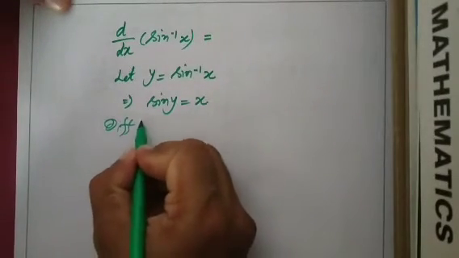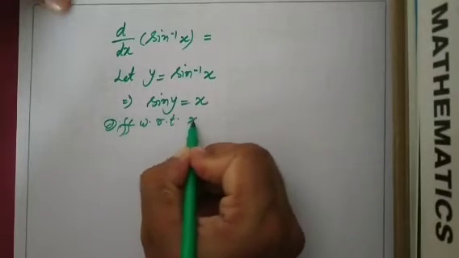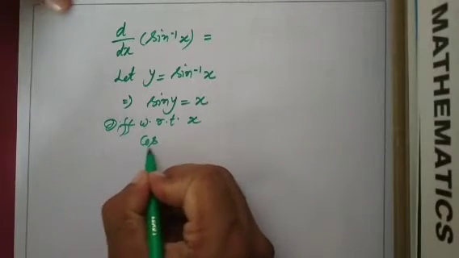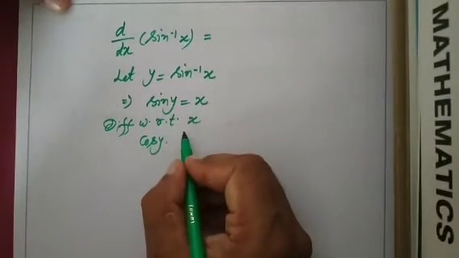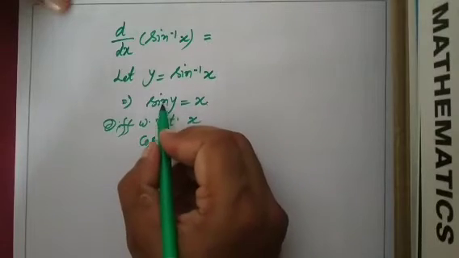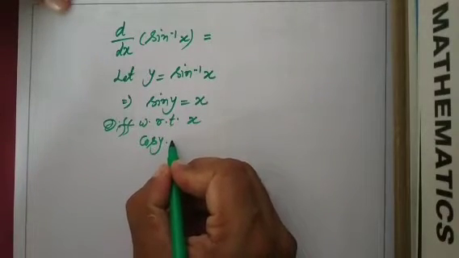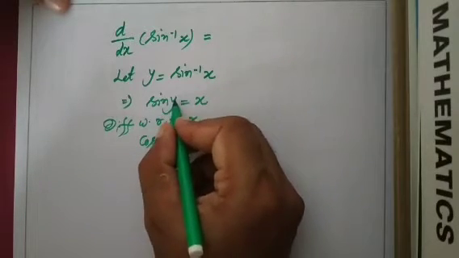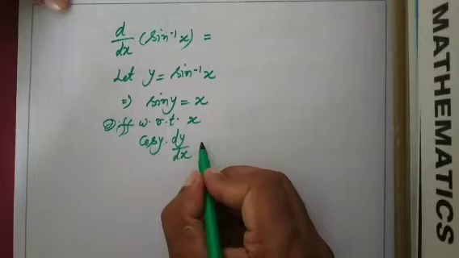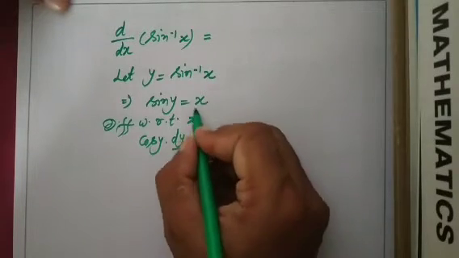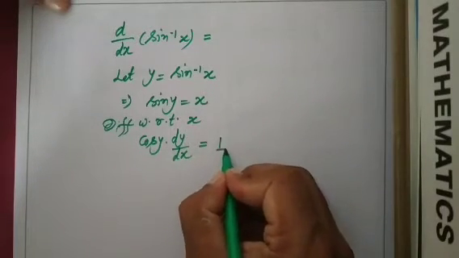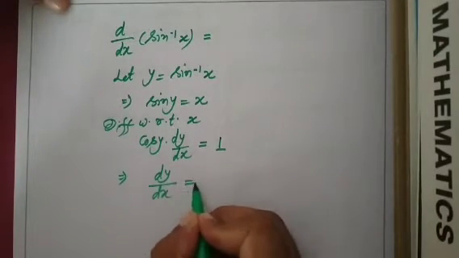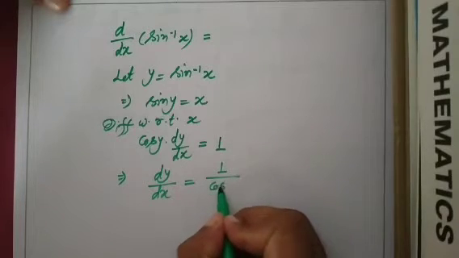On differentiating with respect to x, sin y gives us cos y, because we have just seen that the derivative of sin x is cos x. And dy by dx will also be multiplied by the chain rule, because it is not x, it is the variable y. On this side, the derivative of x with respect to x is 1. Now dy by dx is 1 upon cos y.